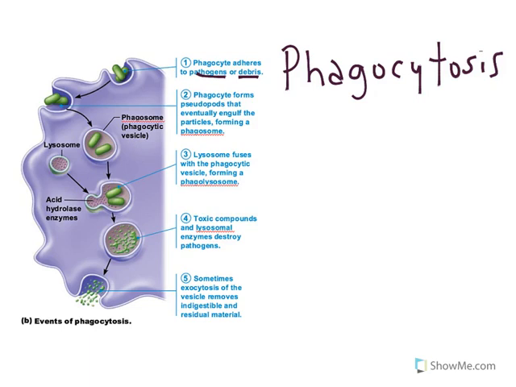And then you see the lysosome. If you recall from our study of the cell, the lysosome will then fuse with the phagosome and release its enzymes, which you see all spotted throughout here. And these chemical enzymes will then dissolve, so you see toxic compounds and lysosomal enzymes destroy the pathogen, and then exocytosis may take place to remove the indigestible or residual material.